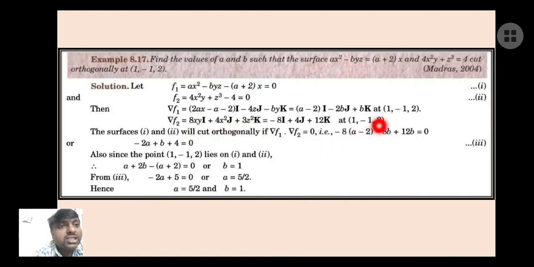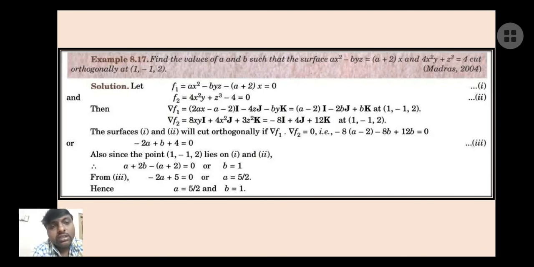Now by replacing the point (1, minus 1, 2) in the values of x, y, z, you are getting minus 8i bar plus 4j bar plus 12k bar. Now the two normal vectors are ready.